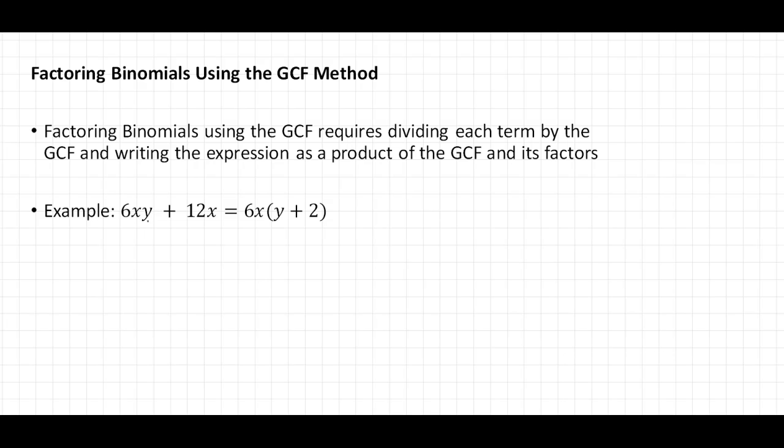All this is simply saying is, for example, 6xy is equal to 2 multiplied by 3 multiplied by x multiplied by y. And then 12x is going to be 2 multiplied by 2 multiplied by 3 multiplied by x.